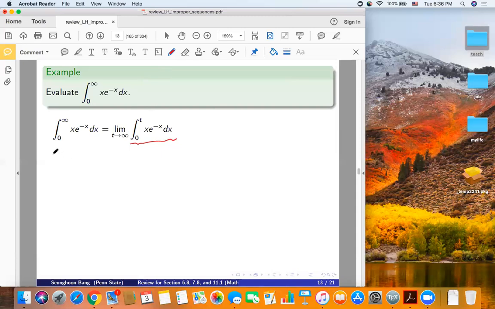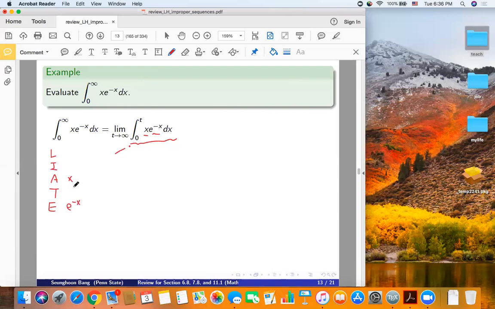This is the idea. Do you remember? L-I-A-T-E. In this case, x is an algebraic function, e to the minus x is an exponential function.